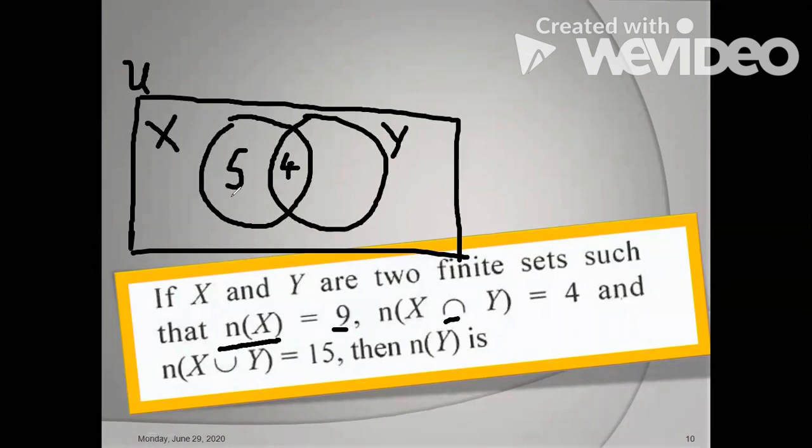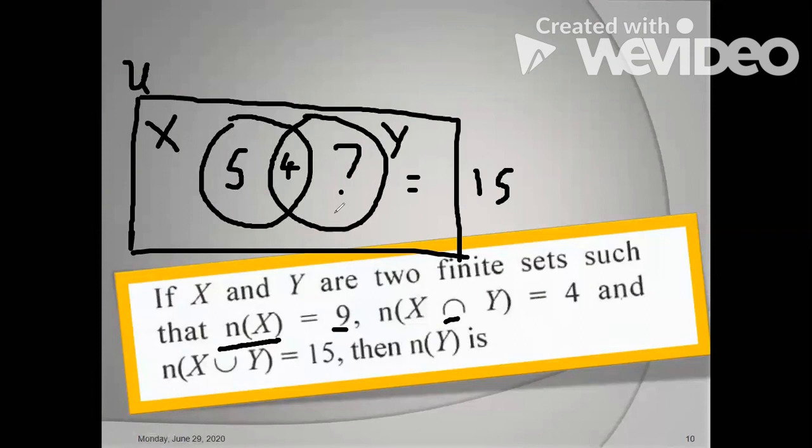Now, it says X union Y equals 15. Remember I told you that when you add up everything, you're supposed to get 15. So what number must we put there? 5 plus 4 is 9.